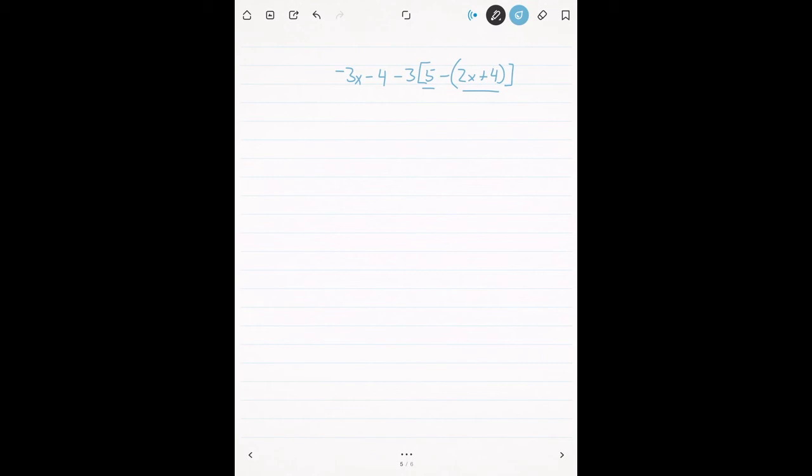I want to subtract those, and then I'm multiplying it by the polynomial 3 so that this becomes one large polynomial, and I'm subtracting that from negative 3x and negative 4. So the question is, how on earth do we do all of this?